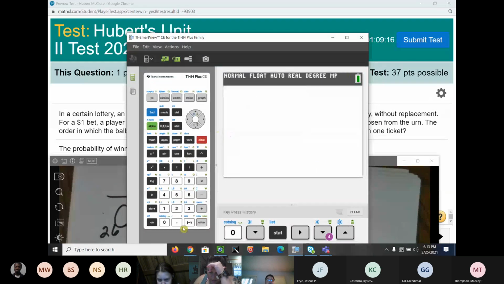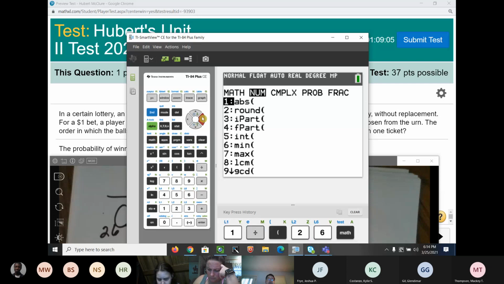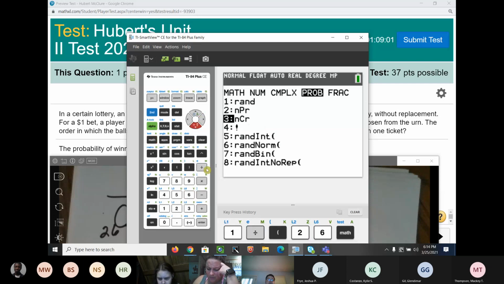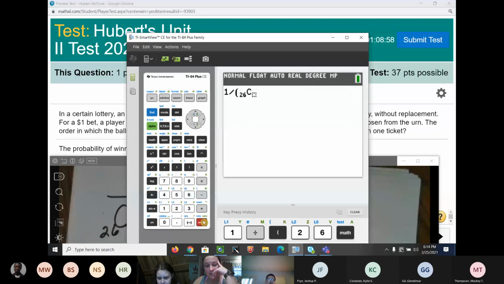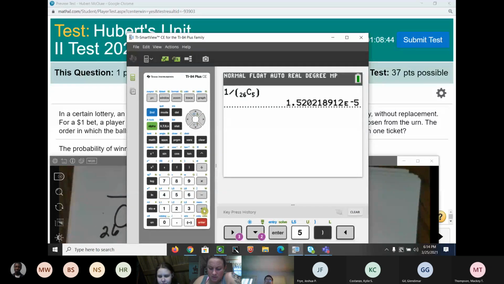I'm trying to figure out how to do it. 1 divided by parentheses 26, math, probability, combination 5. There we go. I got 1.520. Okay, they want scientific notation.